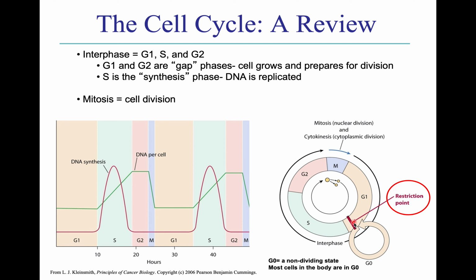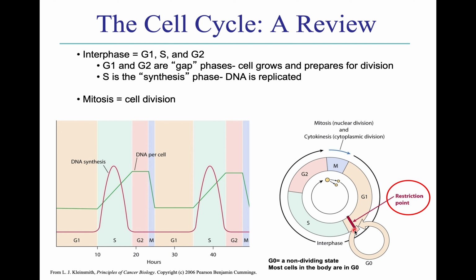But you can think of this and other checkpoints, there's actually 4 or 5 throughout the cell cycle, as kind of red lights where the cell is going to have to stop as it's progressing through the cell cycle, and it will only be able to proceed past that checkpoint if the appropriate signal is received telling the cell, yeah, it's okay to continue.